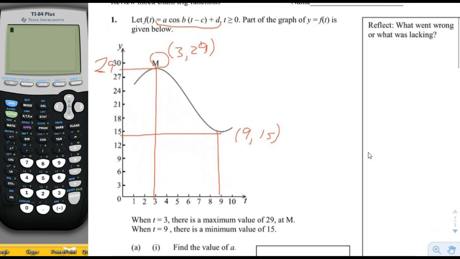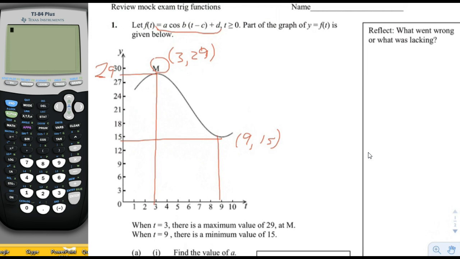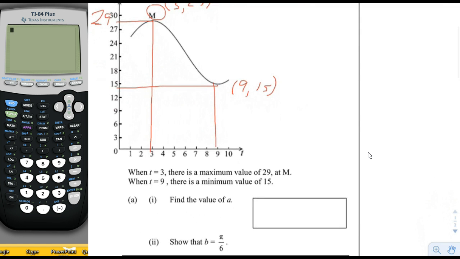So remember that a is the amplitude. And the amplitude, you can find like the maximum minus the minimum, and then you could divide that by 2. So that would be 29 minus 15, which would be equal to 14.